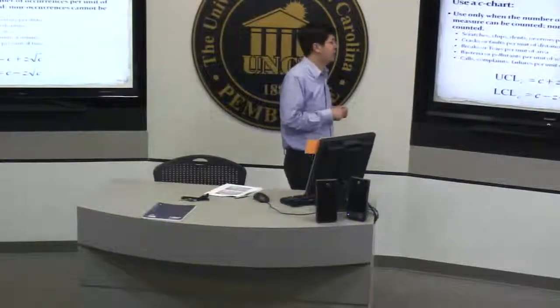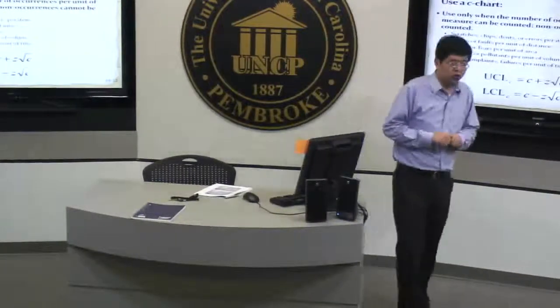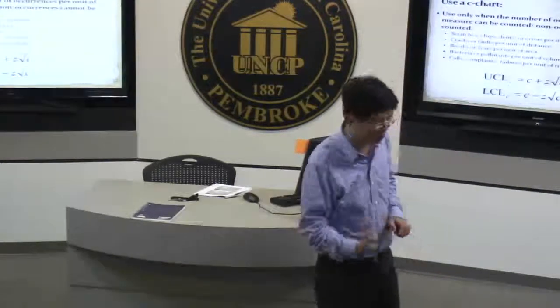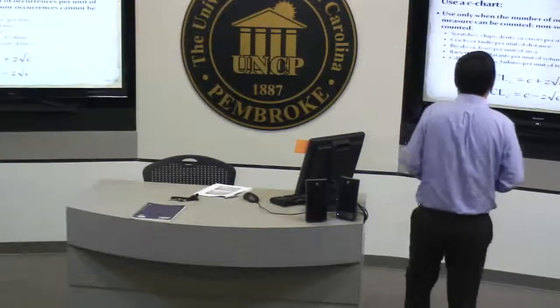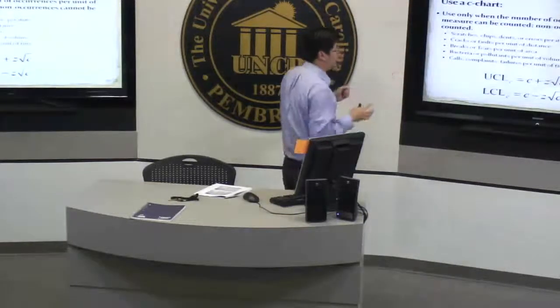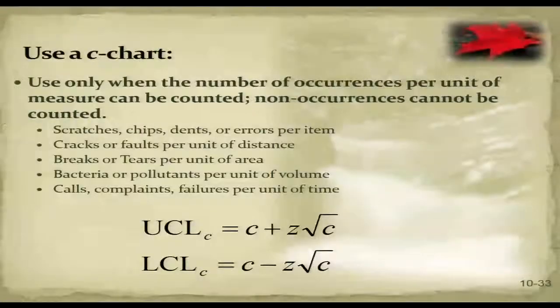All right, here's the last control chart we will introduce in this chapter. I think now it's very straightforward for you after you went through the 3 control charts. If we really care about the number of occurrences, the units measured can be counted, like scratches, chips, dents, cracks, breaks or tears, bacterial pollutants per unit of volume, or how many calls or complaints you get from customers per hour.